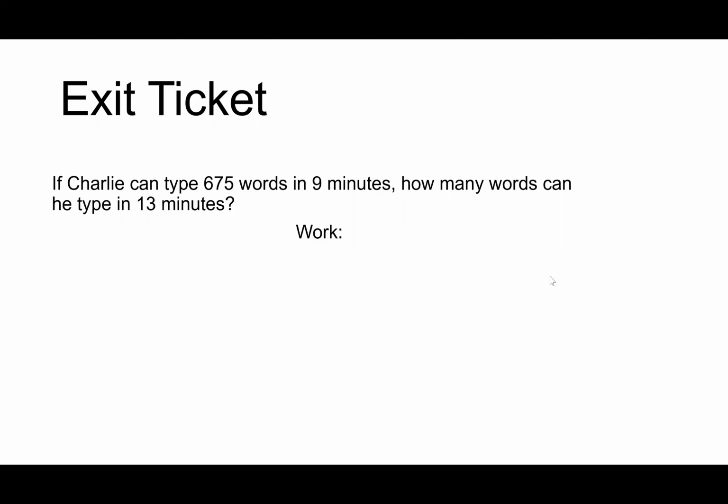All right, if Charlie can type 675 words in 9 minutes, how many words can he type in 13 minutes? Tell me how to set it up, please, Kendall. Okay. Now we divided both sides by 9.